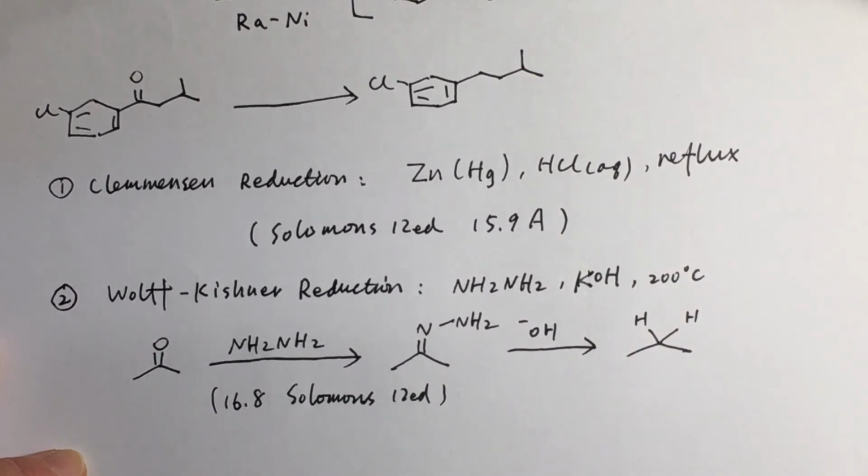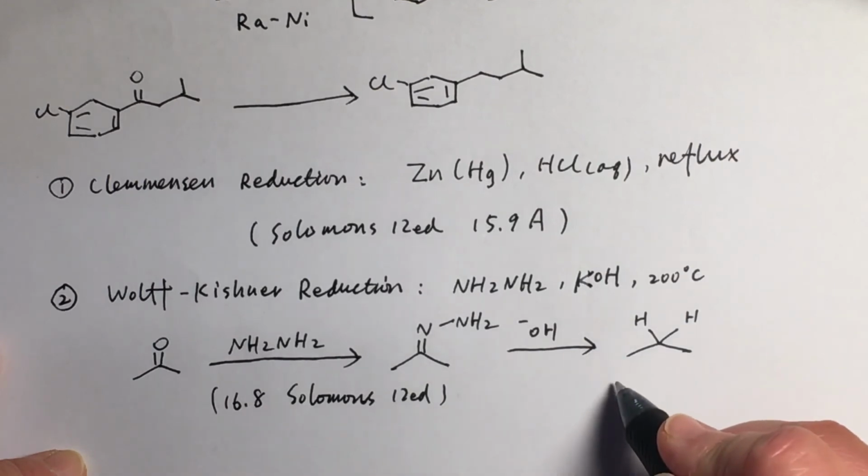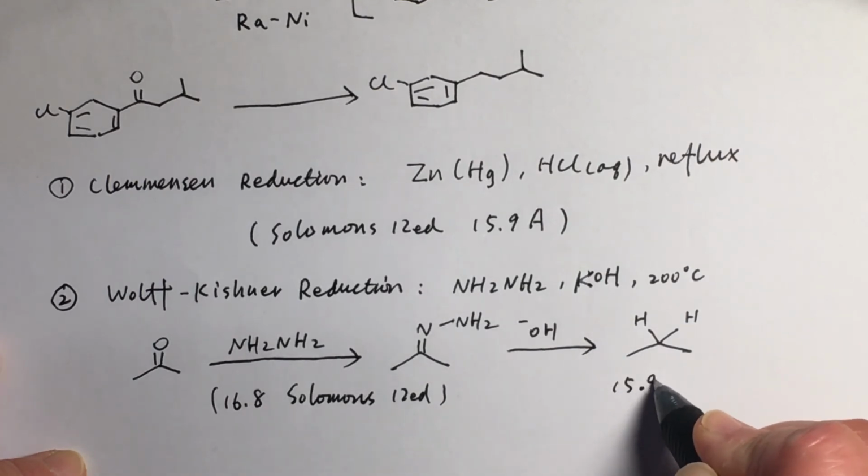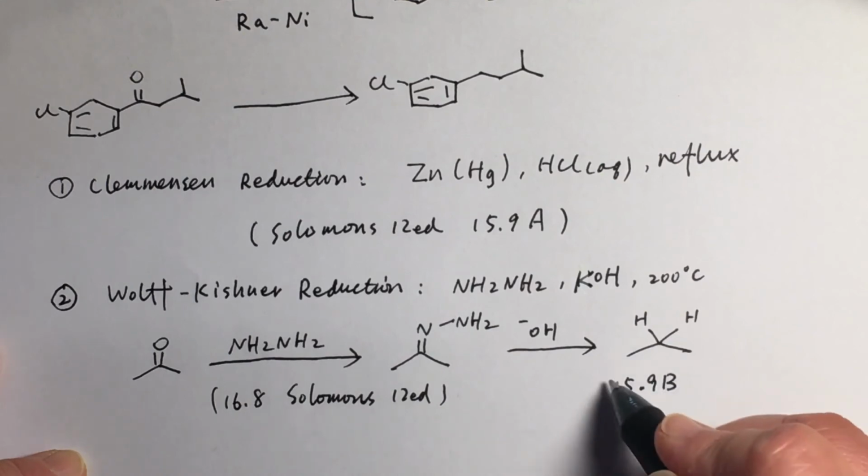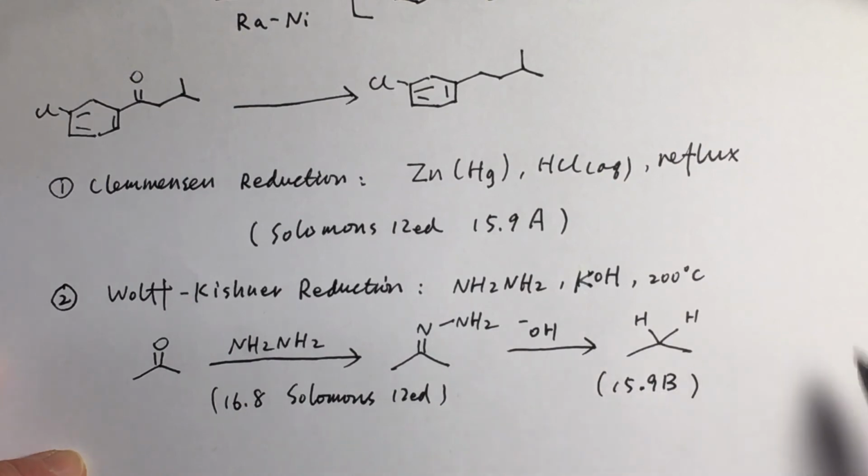The Wolff-Kishner reduction reaction is discussed in both section 16.8 and section 15.9b, along with the Clemmensen reduction reaction in the same chapter. These two reactions are complementary. The Clemmensen reduction is carried out under acidic condition, and the Wolff-Kishner reduction is carried out under basic condition.